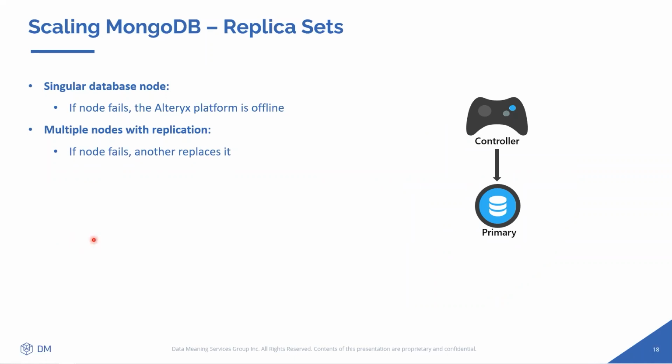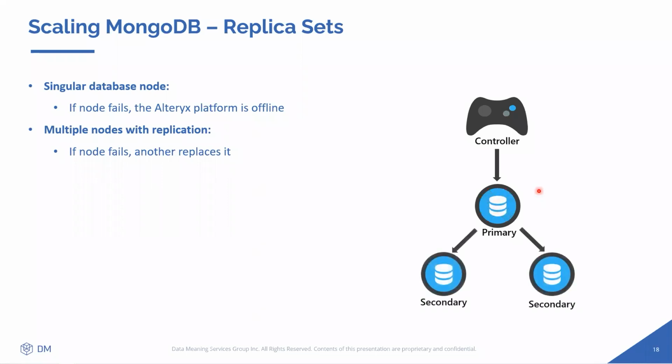So the idea here is that you have your singular database node working as your primary MongoDB node. So if this node fails, what happens there? So the whole platform goes down. And once again, what is the cost of this happening to your company? But if you have replica sets, the idea there is that you have everything on your primary node as well as in your secondaries.